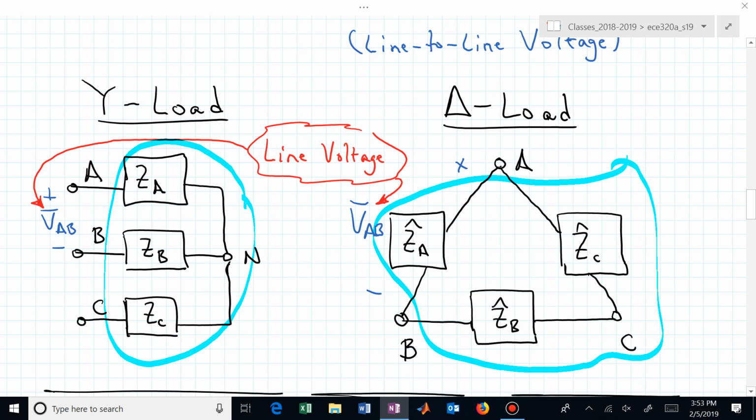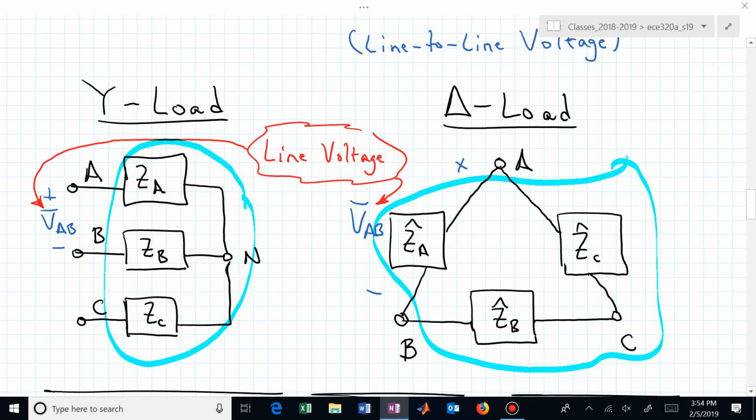When I'm saying that for the delta load configuration, the phase voltage is the same as the line voltage, I'm just saying that you're measuring the same quantity. You're measuring between terminal A and terminal B in both. That's what I mean by they're the same. You're just looking at the voltage between terminal A and terminal B.